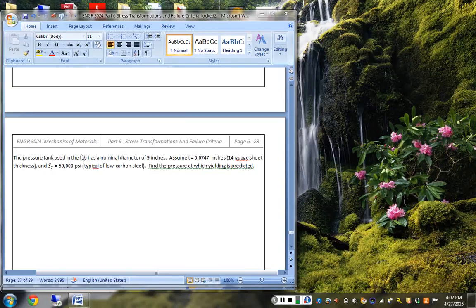So first, I'm going to go through the example on 621, the very last thing in the course pack. One more pressure vessel problem that does sort of nicely illustrate a couple of these last concepts, the principal stresses, failure criteria, et cetera. So using the pressure vessel that we did, in fact, use in lab.